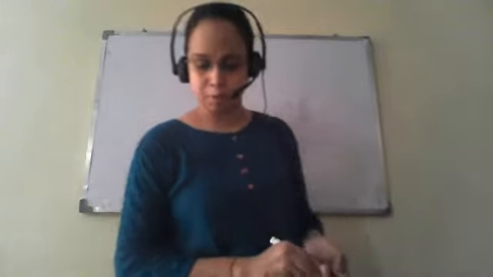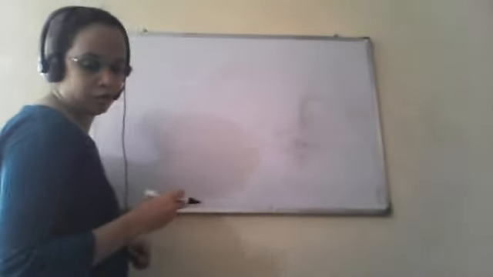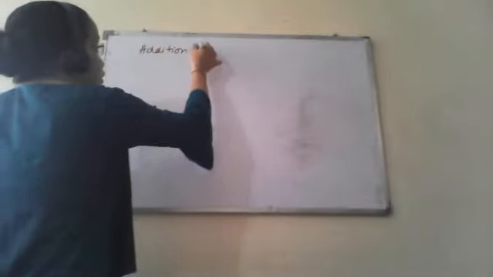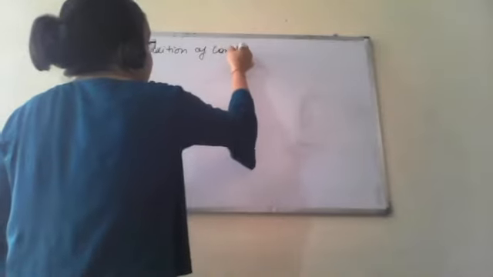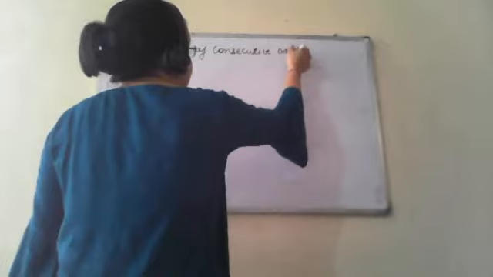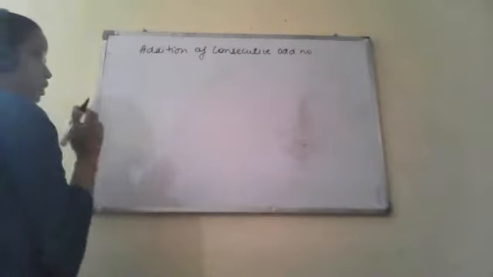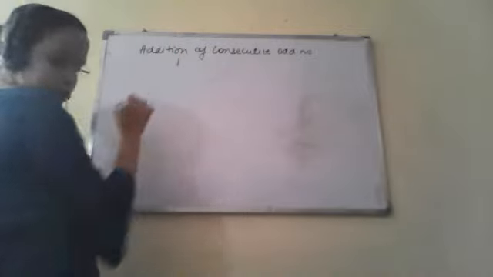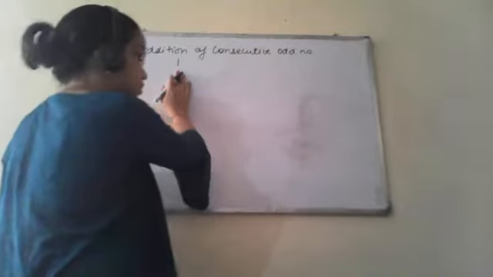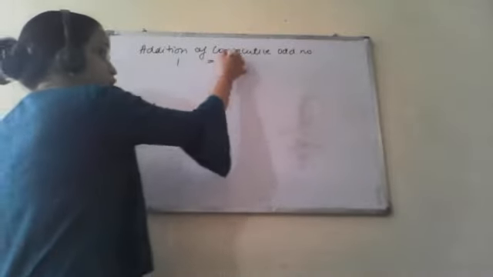Now, like there were some properties of squares of certain numbers, there are certain properties like the addition of consecutive odd numbers. Clear? So how we do this? This is one. The first odd number is 1 and its cube is also 1.